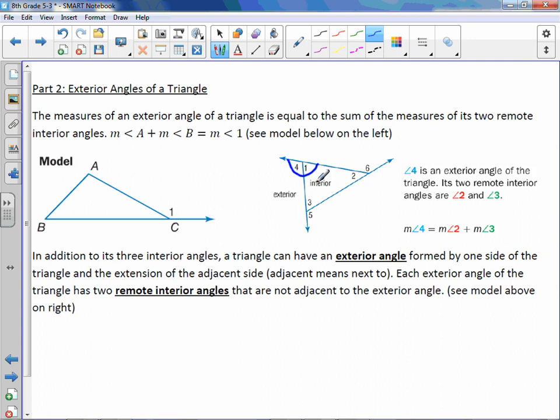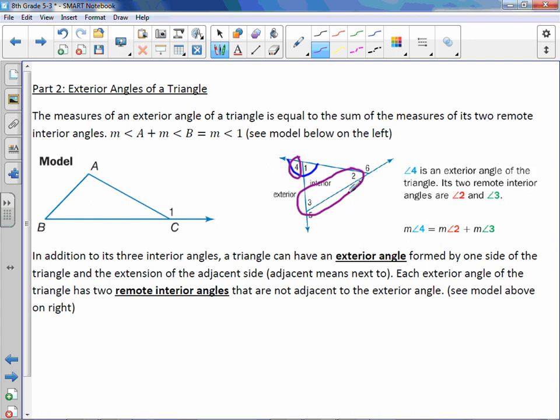Also remember, angles in a triangle add up to 180 degrees. So what you can say is that these two angles, 3 and 2, are the same as 4. Because by substitution, when either 4 is added to 1, or 3 and 2 are added to 1, it equals 180 degrees.